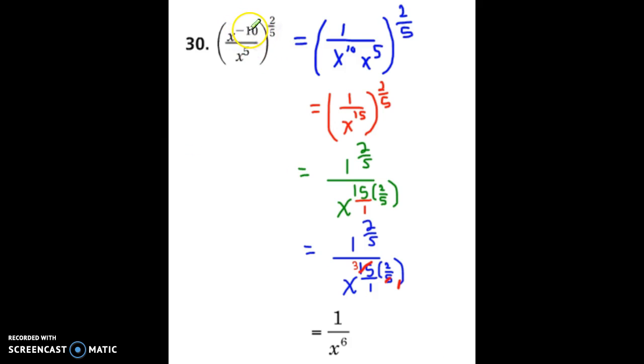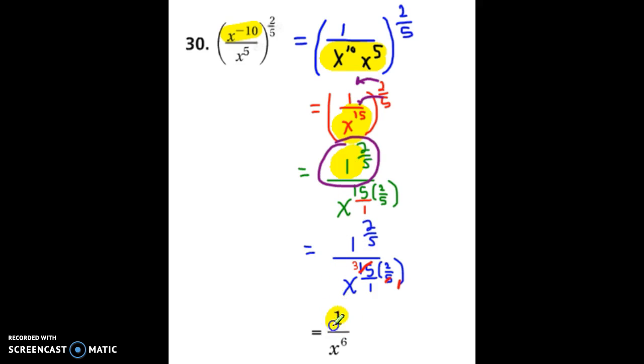Problem 30, to simplify, I notice right away it says negative 10. So that means change location. So that negative 10 goes down in the denominator. So x to the 10th times x to the 5th is x to the 15th. Now I'm going to distribute that 2/5 to my numerator and denominator. 1 to the 2/5 is 1.